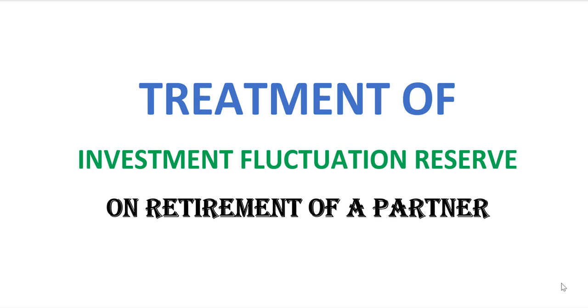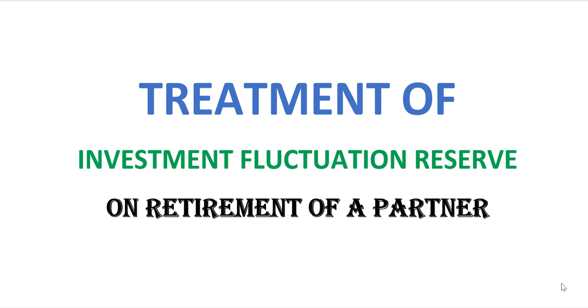Investment fluctuation reserve is a specific reserve which is created to act as a buffer against any fall in the market value of investments. In case there is a fall in the market value of investments, to the extent required, the investment fluctuation reserve will be utilized and the balance, if any, will be distributed among the partners in old profit sharing ratio.